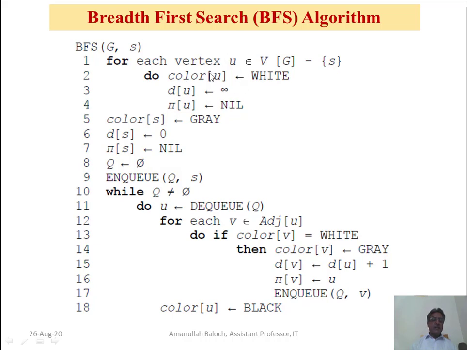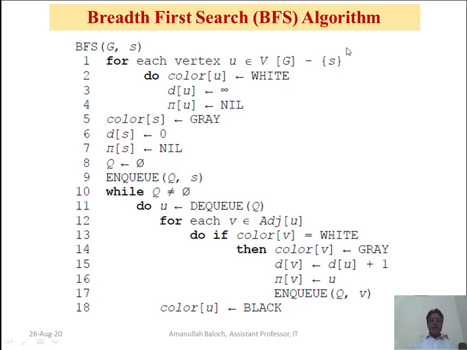This is the initialization, that we change the color of each vertex to white, distance to infinity. We don't know the distance of vertices. Up till now we have not discovered the distance, and we have not decided the parent, so the parent is nil. This loop initializes each and every vertex.